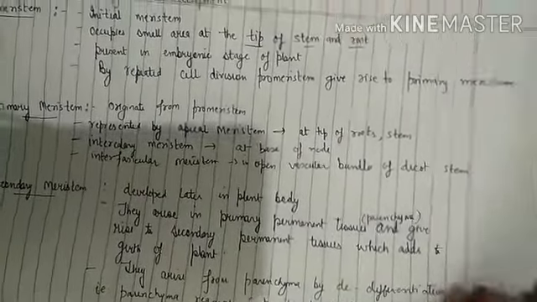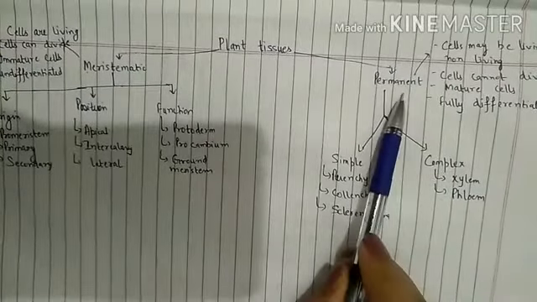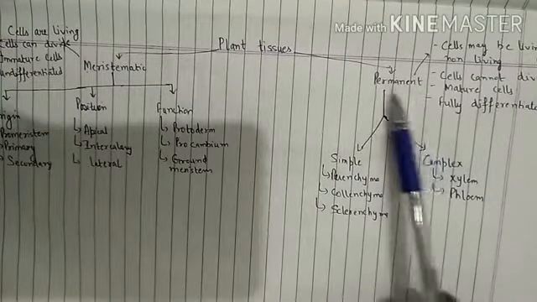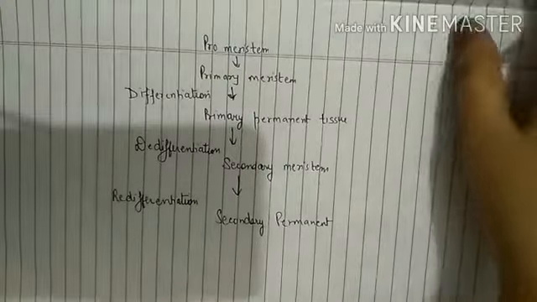So we have studied that plant tissues are of two types, meristematic tissue and permanent tissue, and secondary meristem arises from the primary permanent tissues. So let us see here.